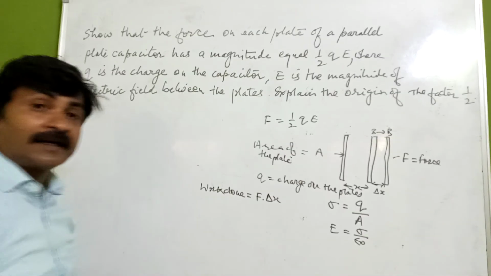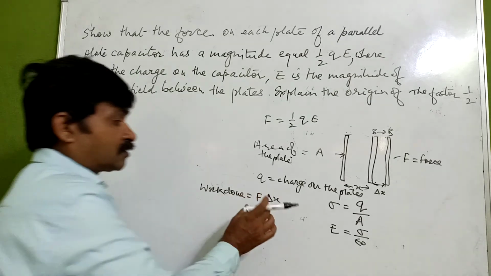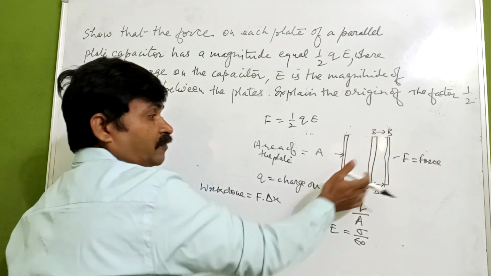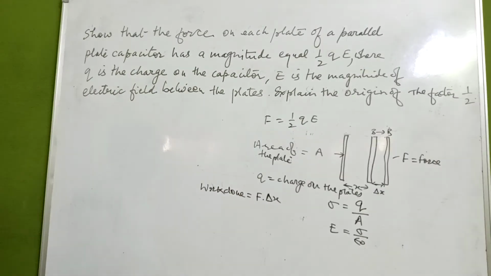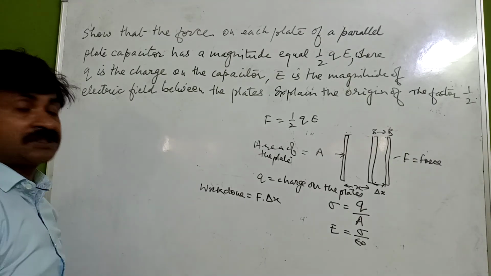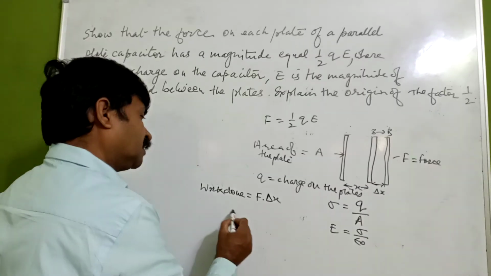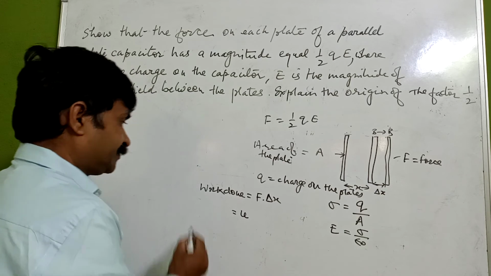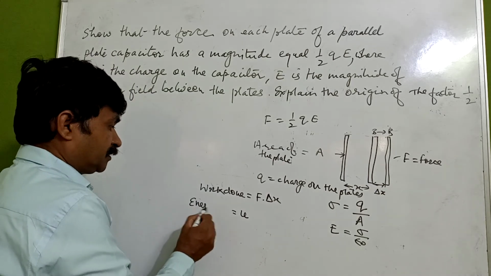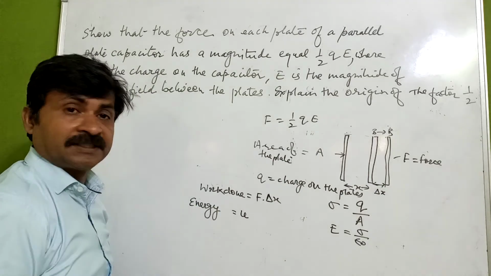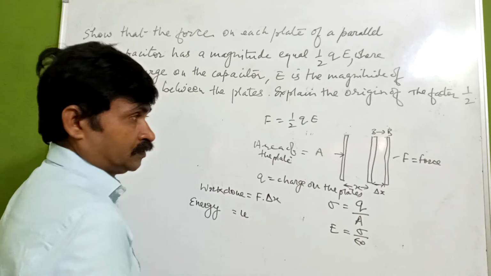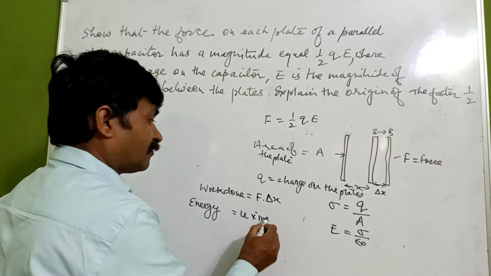Now there is an increase in the energy because now the plate has been separated by a small distance delta x. So there will be a change in the energy, and that energy density we can have. This energy density U is multiplied with the increase in the volume.